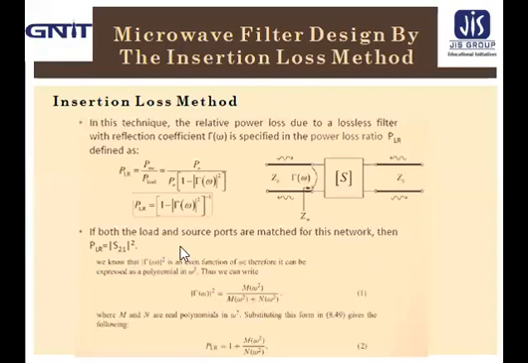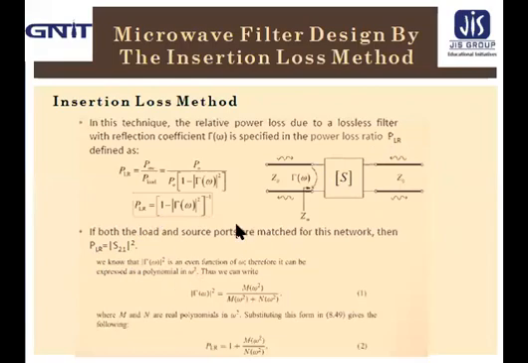Now, if both the load and source parts are matched for this network, then the PLR, that is the power loss ratio, will be mod of S21 squared.